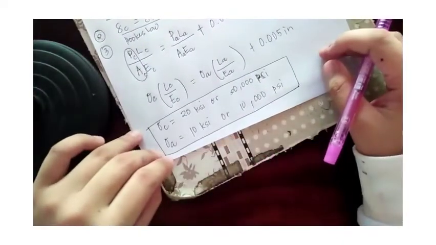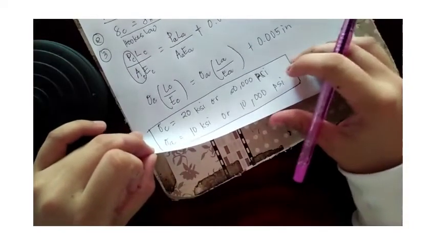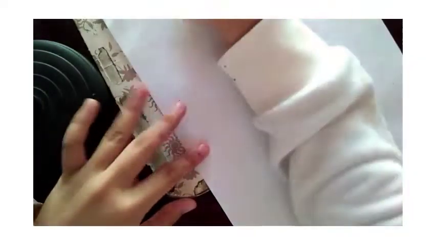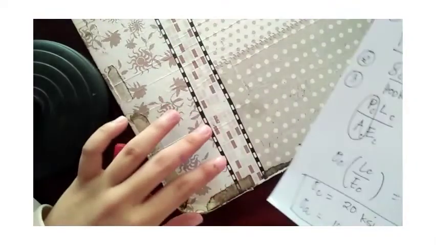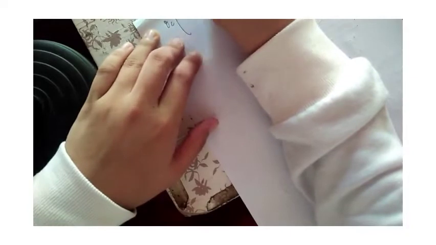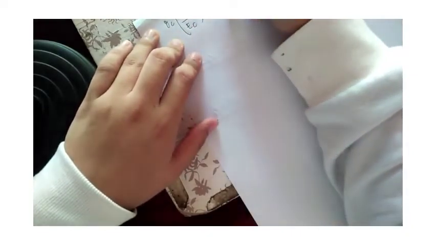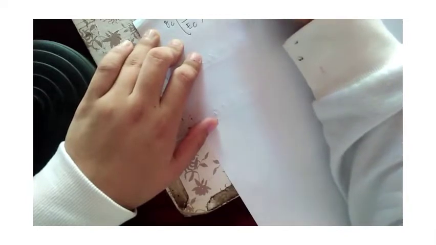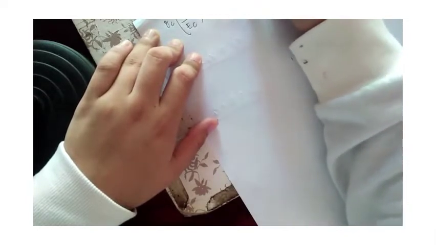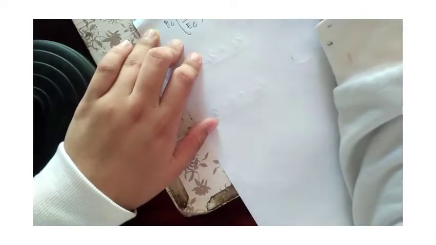Proceed na tayo sa substitution ng mga binigay na given din sa table. So, sulat ko na lang ulit yung equation natin, which is stress LC over AC is equal to stress of aluminum times length of aluminum over plus 0.005 inches.